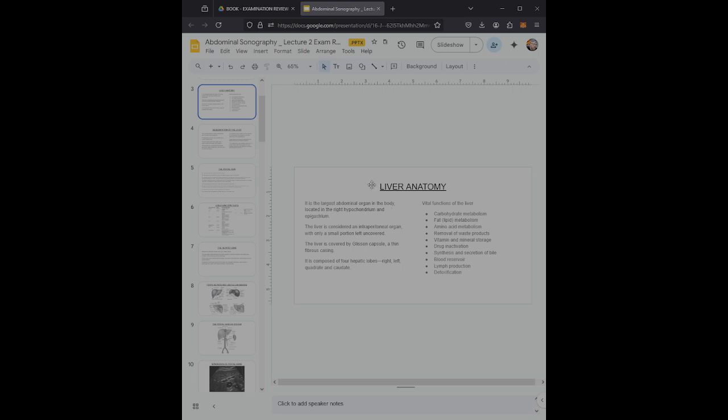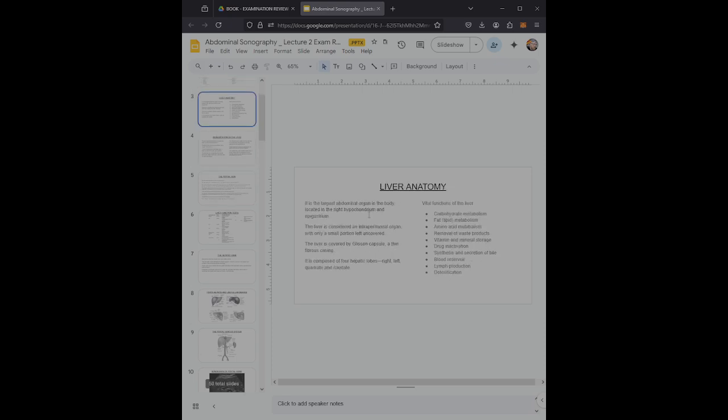That is to say, a majority of the liver is located in the right upper quadrant of the abdomen. But in certain cases, the left liver lobe can extend, or even generally, into the epigastrium. And in some humans, the left lobe can extend past the midline into the left hypochondrium.